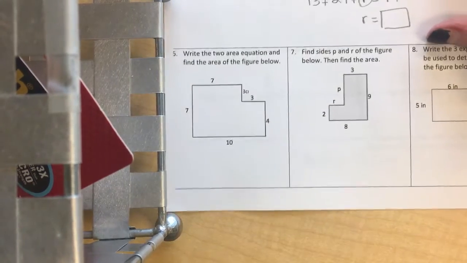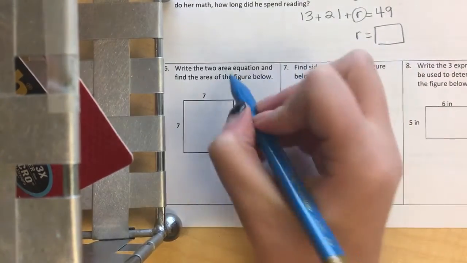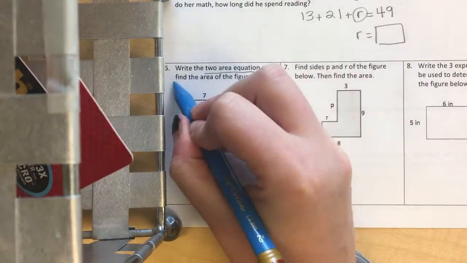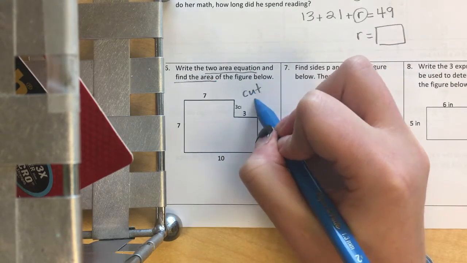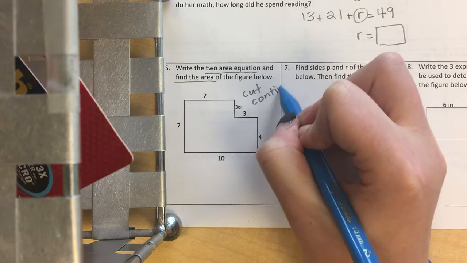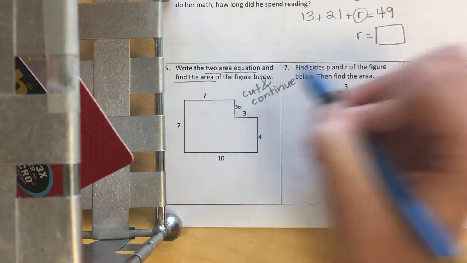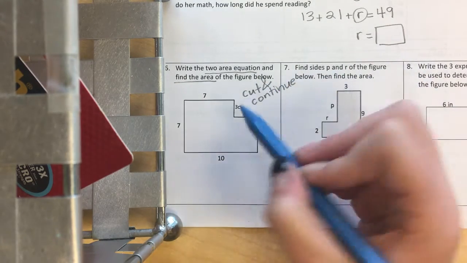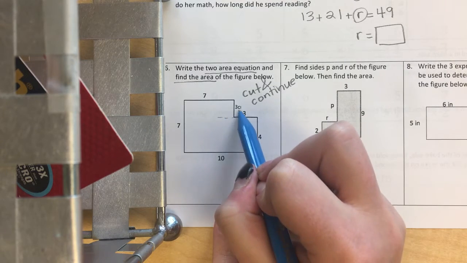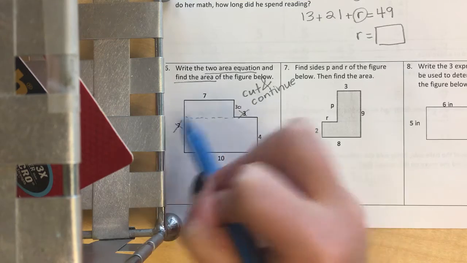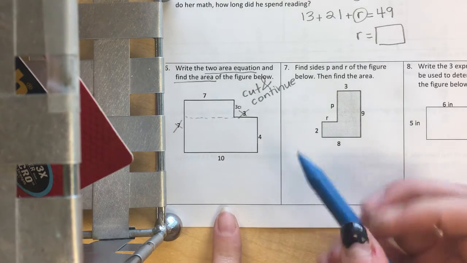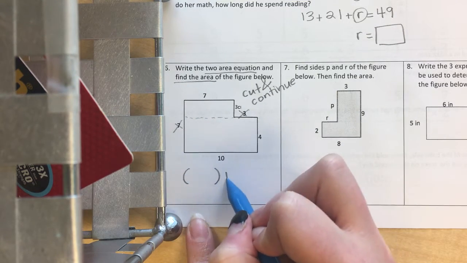For number 6, we're writing a 2-area equation and finding the area. So this is the one where we're going to use our cut and continue. So again, if I'm cutting from here, I'm going to cross out my 3, cut into my 7, and then I'm going to write my 2-area equation.